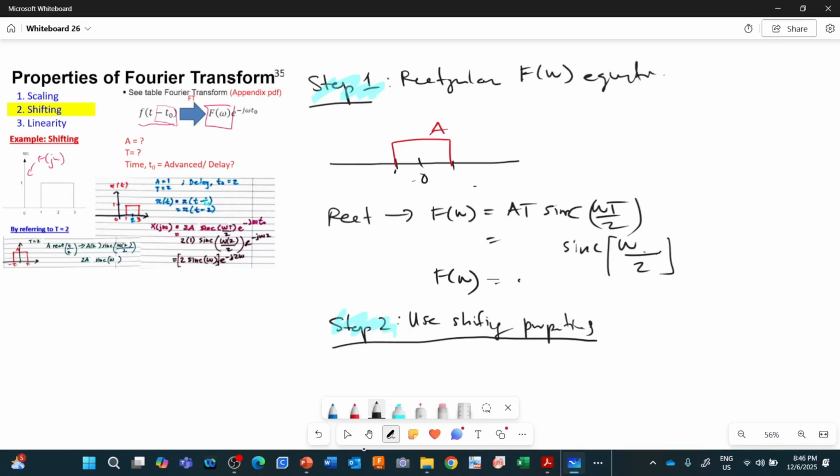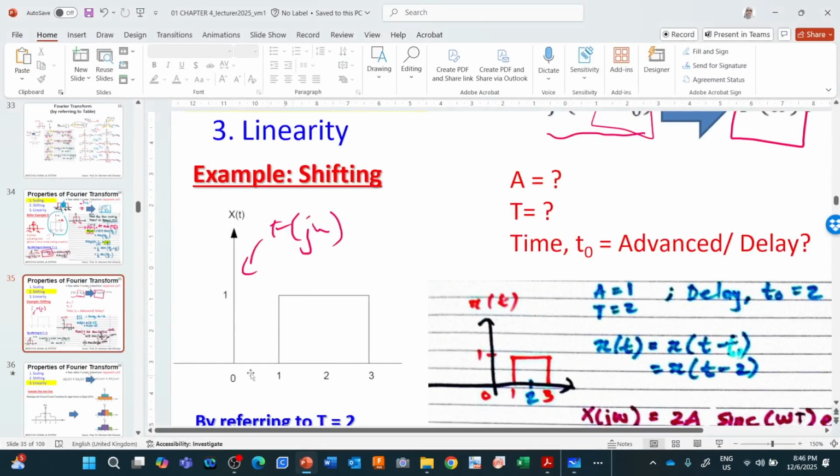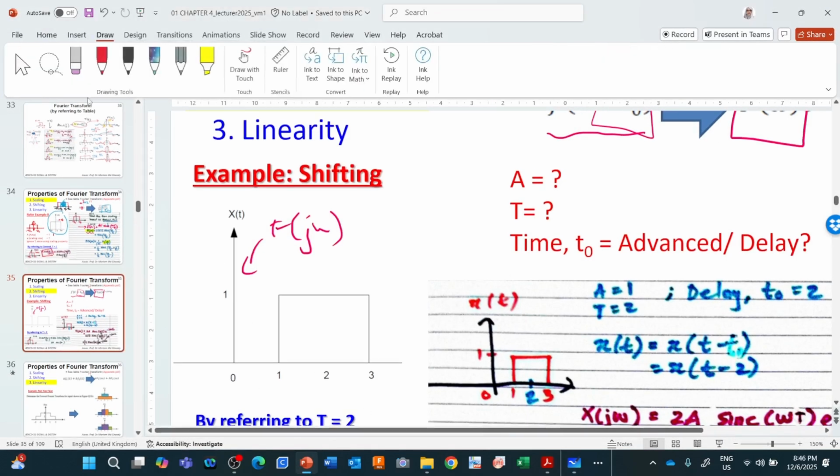So what you need to do first is look at this. Imagine that if the signal is in the center, how does it look like? It will be like this, right? Because this is T equal to 2, so your signal in the center will be like this. Because you want to use rectangular form, it becomes from -1 to 1.